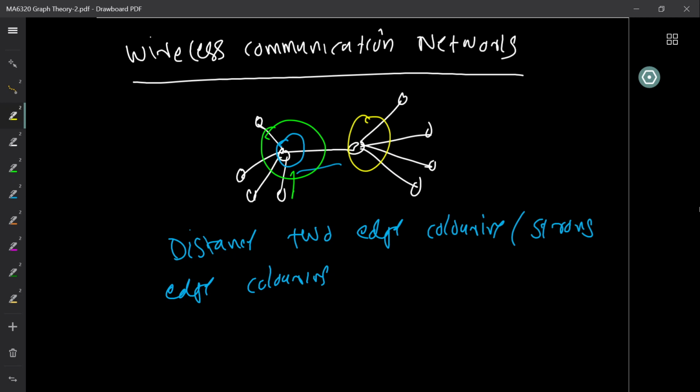let's say A and B are communicating with some frequency, let's say color purple. Now let's say these two are communicating with the same frequency.